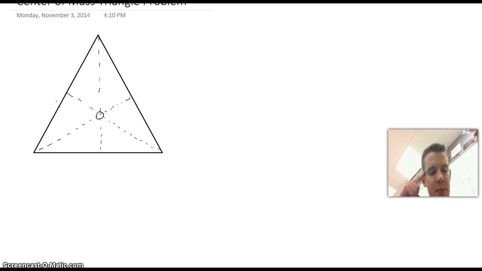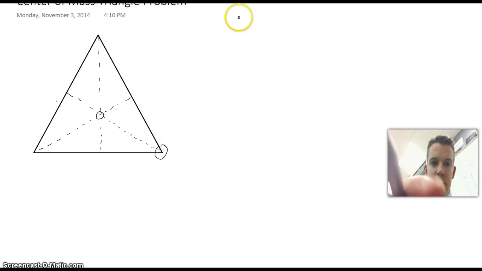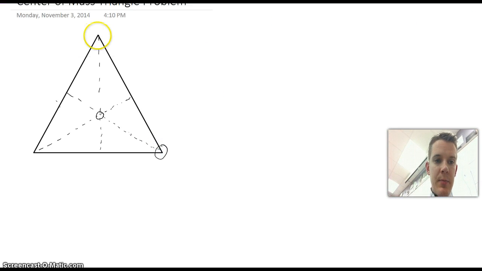Alright, the next step is to figure out how fast this thing is rotating, and it asks us just to look at one of these tips. If this really were rotating, each of these little tips would sweep out a circle.